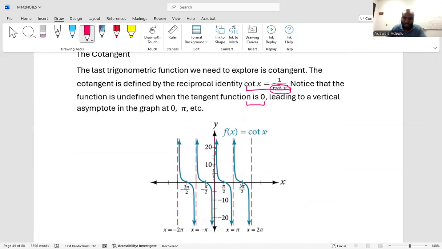We have an asymptote at 0. We have asymptotes at pi. Those are the points where tangent is 0. And because the range of tangent is from negative infinity to positive infinity, cotangent just takes that as well.